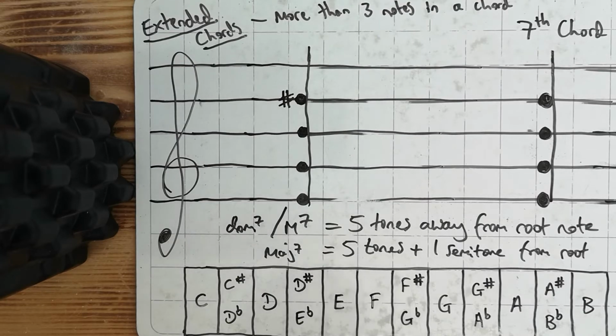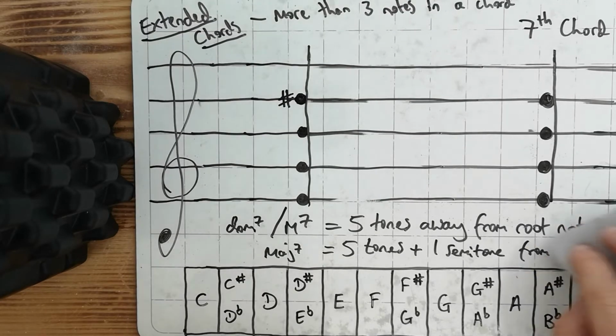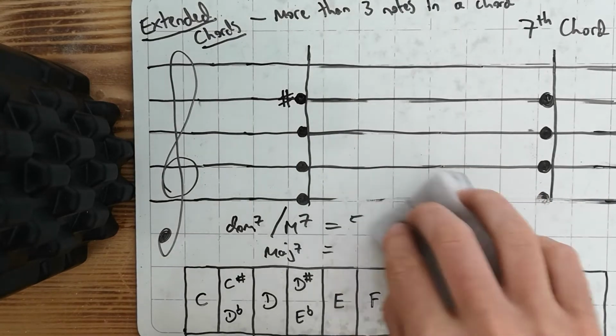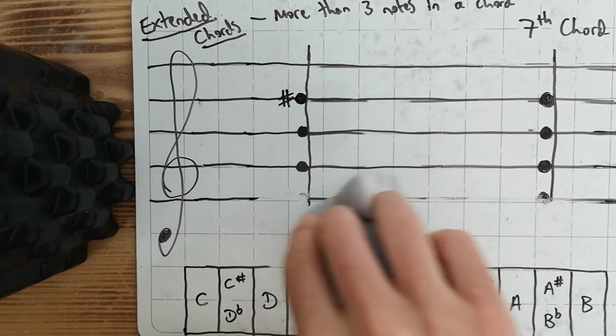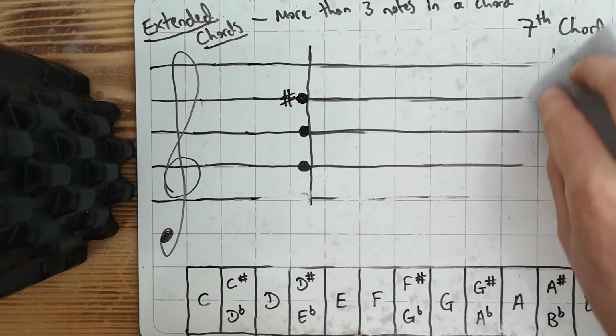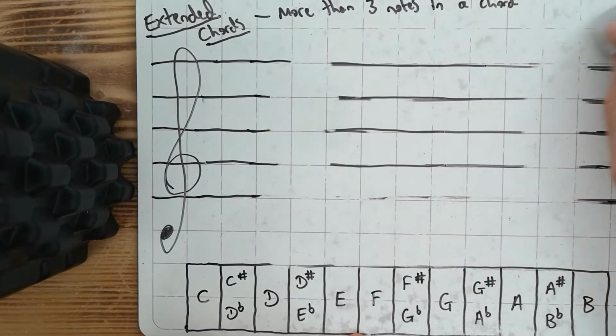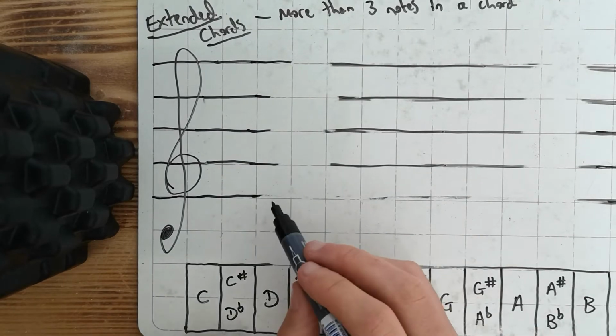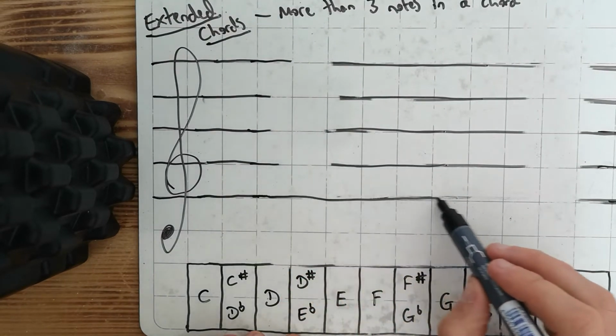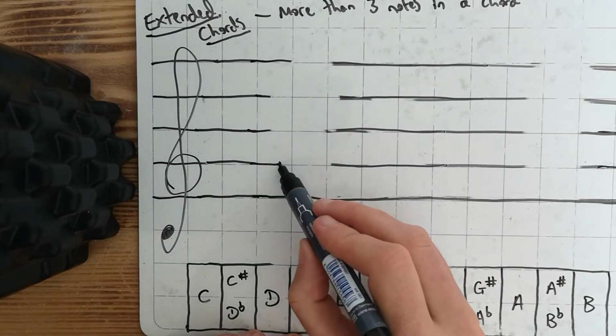Now we get more than just 7th chords, so this is where it starts to get a little bit complicated. Actually, let's stick with 7th chords for now. I'm going to draw out some chords and I want you to tell me if they are major 7th or dominant 7th chords.